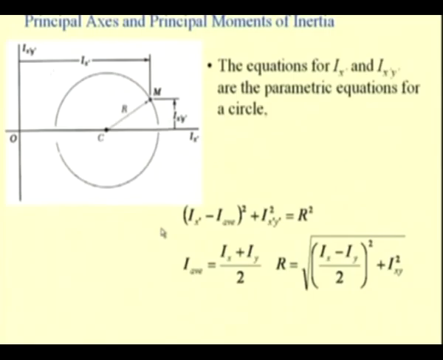So, once we plot this circle, we can find that the second moment of inertia with respect to the x axis has extremum values at these 2 points, and they correspond to the principal moments of inertia.